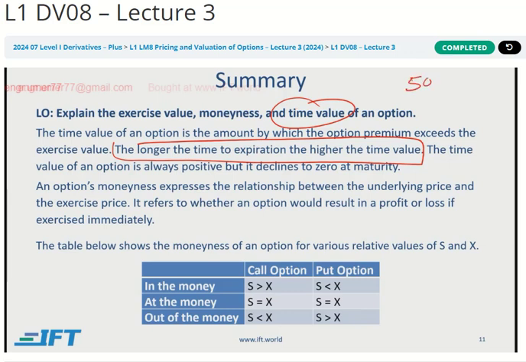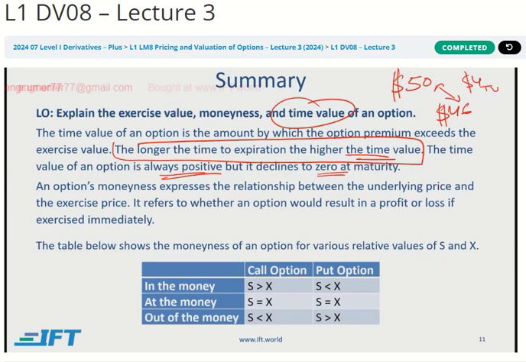So let's say an option is trading in the market for $50 and its exercise value is 46, so the difference between these two, which is $4, is the time value of this option. Naturally the time value is always positive until expiration, when it becomes 0, and that is the time decay of the time value of the option's price.